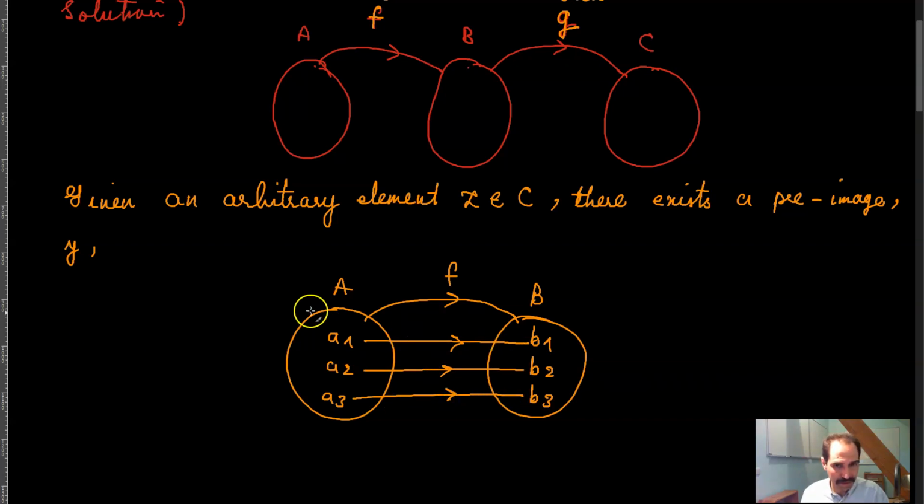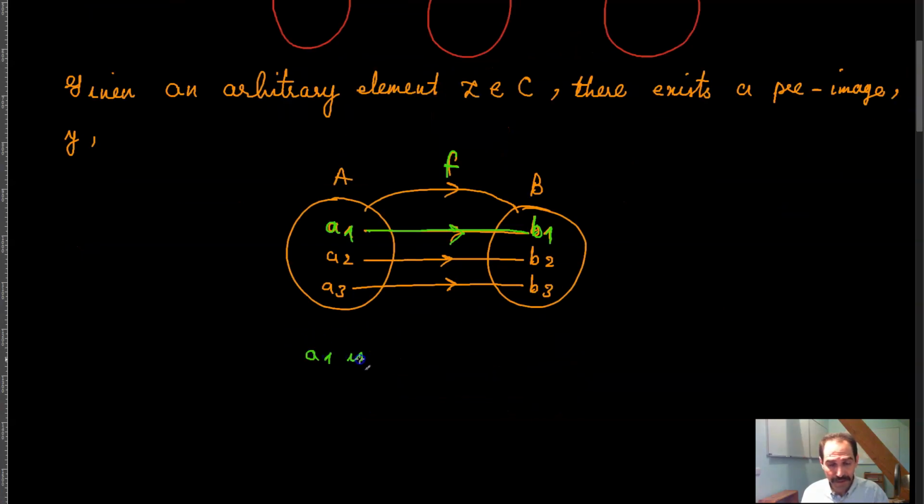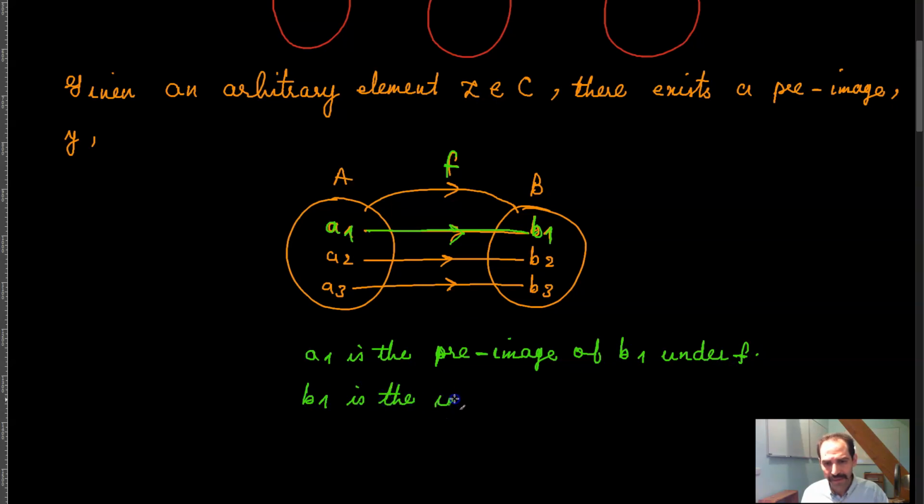Then in this situation you can say that A1 is the pre-image of B1 under f, and you can also say that B1 is the image of A1 under f. So you have the pre-image and you have the image, right?